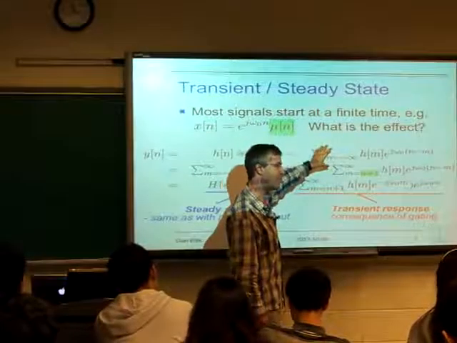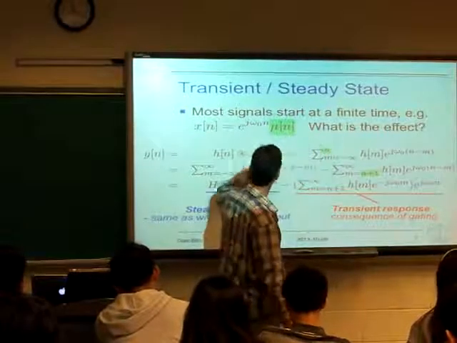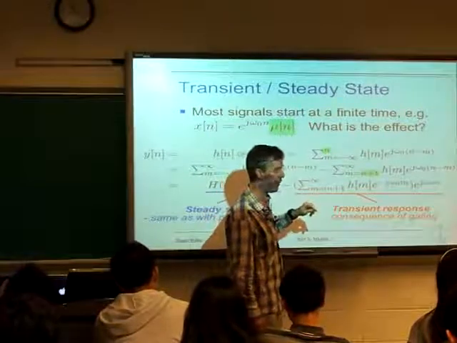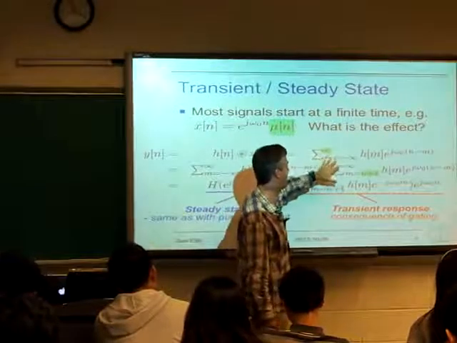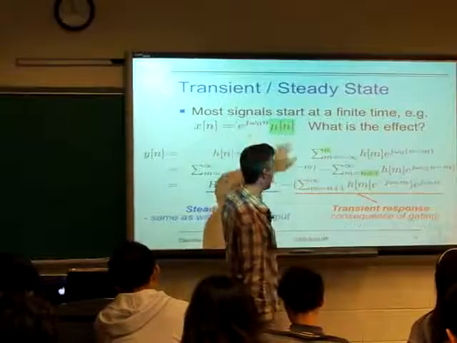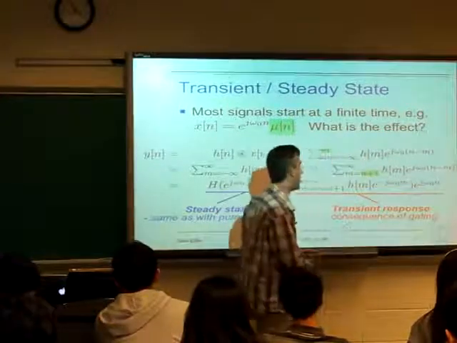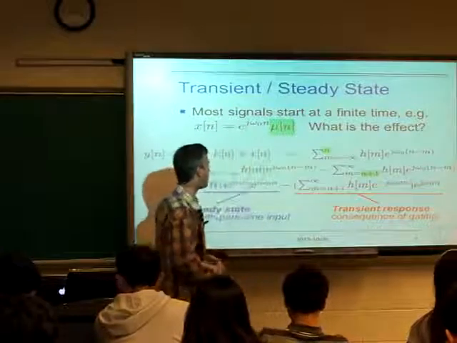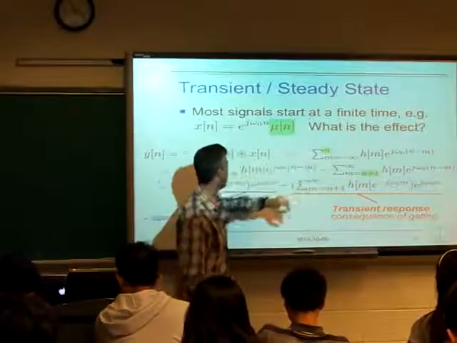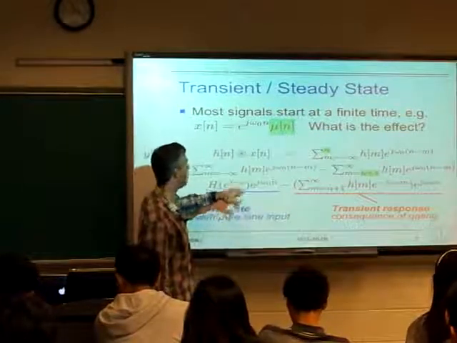There are different ways of expressing this depending on which version of the convolution sum you come up with. But basically what happens is that because this is 0 over some range, this inner product here now has a limited range that we apply it to. By looking at it this way, we can write it in terms of completing the sum.